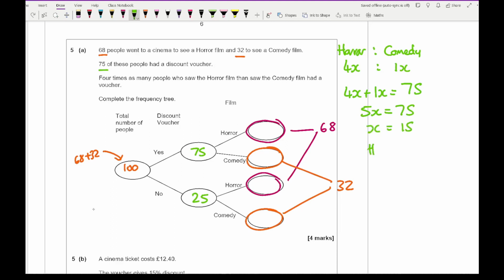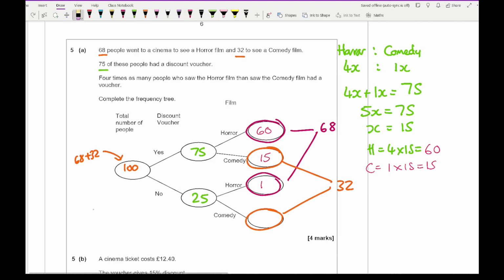So in terms of the horror people that had a voucher, well, that's going to be equal to 4 times 15, which is 45. So then, sorry, 60 that should be, not 45. It is 60. So that means that 60 goes here, and for the comedy, that's going to be 1 times 15, which is 15, and that's going to go here.